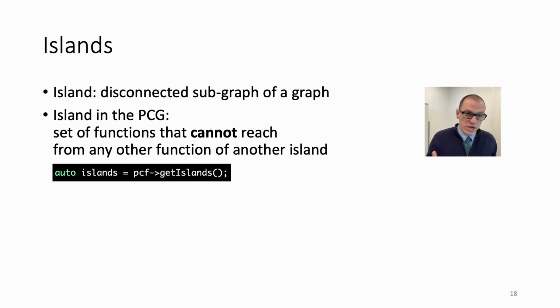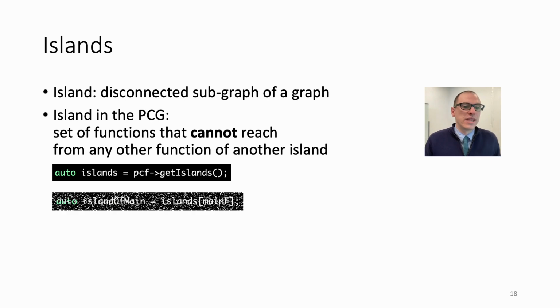So from the program CallGraph, you can retrieve the islands of that graph by invoking the API getIslands. Now that you have the islands, the abstraction is basically a map from a function to its own island. So if you pass a function as input to the islands, you get back the island that includes the function you give as input.